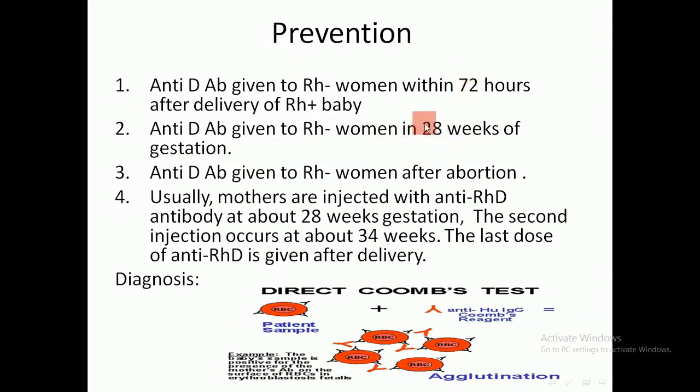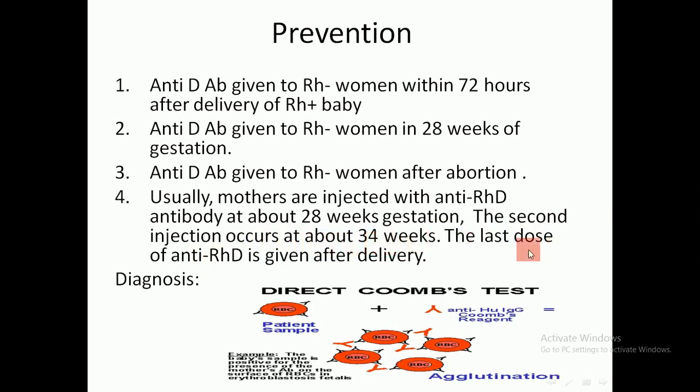They found that this is not sufficient after 72 hours, so we give the mother the first dose when she is at 28 weeks of gestation, and the second one after delivery. And we also give the mother a dose after abortion, because we do not know the blood group of the aborted fetus. And usually mothers are injected with the anti-D antibody at about 28 weeks of gestation, as mentioned here.